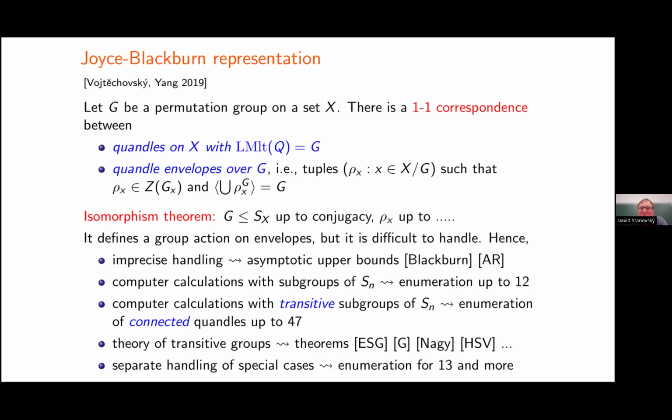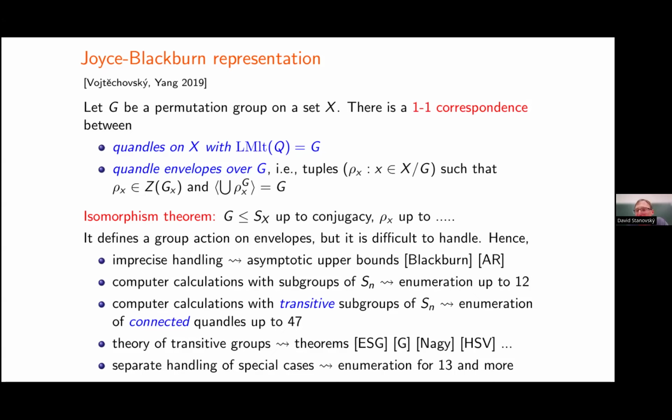So what are the limits of the enumeration? Derek Holt can classify transitive groups up to degree 18, but brute forcing, or the smart brute forcing, can only yield enumeration of quandles up to order 12, because there are simply too many of them.